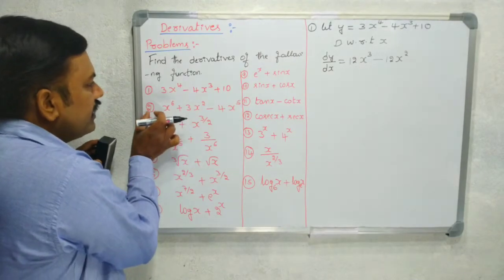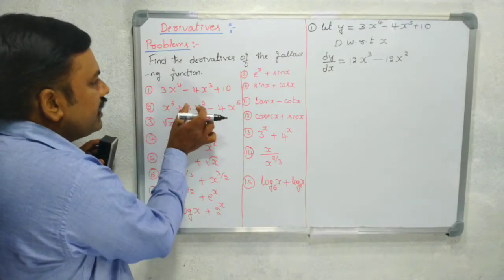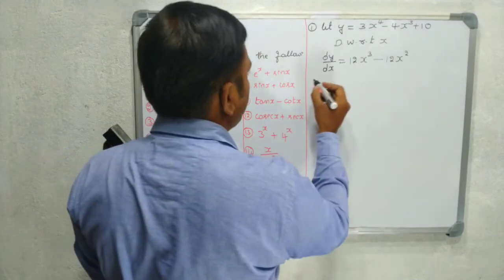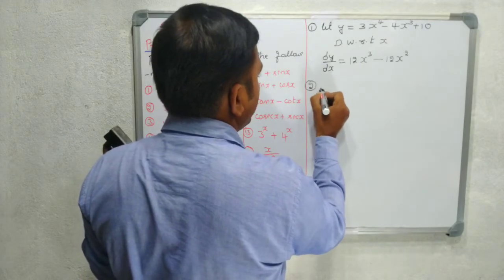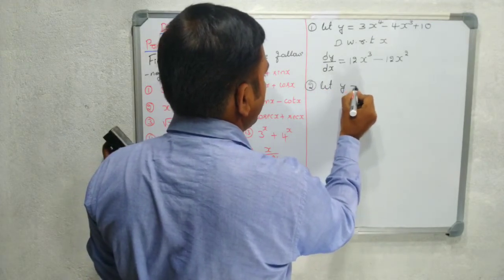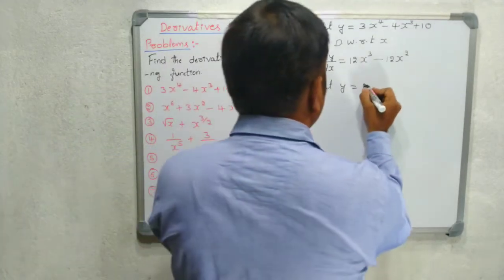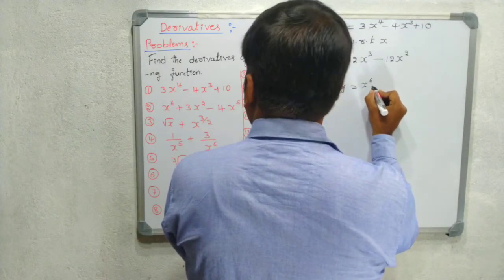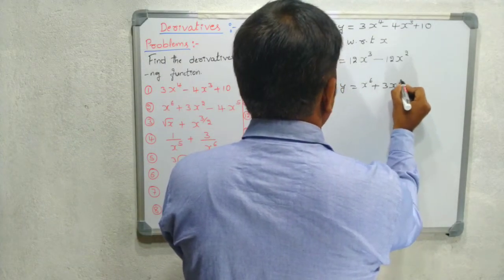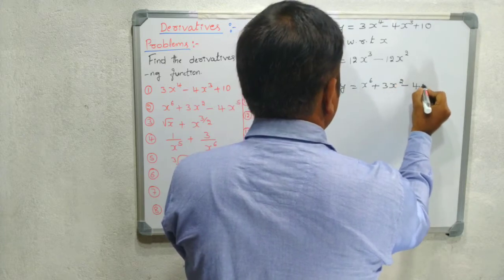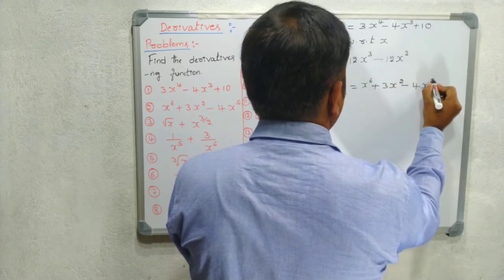Next one, x to the power of 6 plus 3x square minus 4x to the power of 5. So second one, again same concept, let y is equal to x to the power of 6 plus 3x square minus 4x to the power of 5.